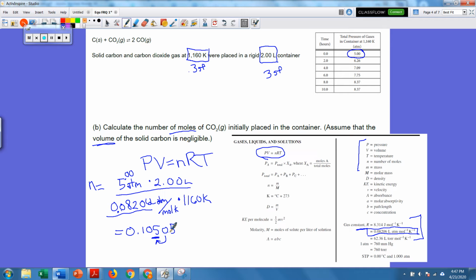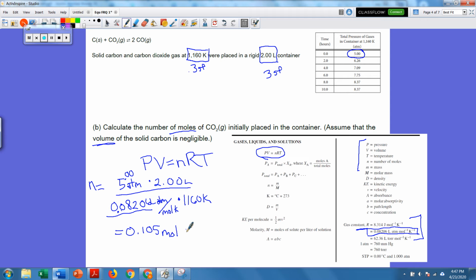It is less than, so we go ahead and round to 0.105. And please, please, please, for all of these questions, make sure that if there are units, you write them in the answer. So you could write n equals 0.105, and you may not get full credit for it if you do not also put moles, okay?